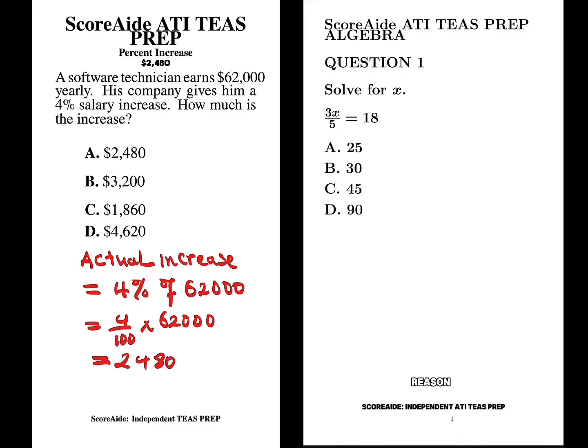So $2,480, which is gonna be A. That is the actual increase. If we want to know the total amount of money he's gonna make, the new income is gonna be 64,480, right? All right.